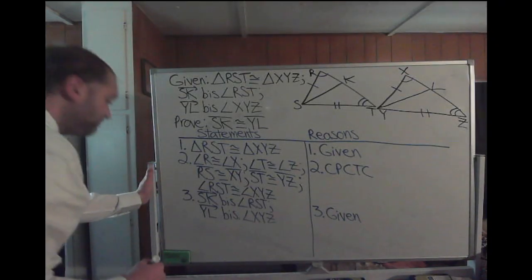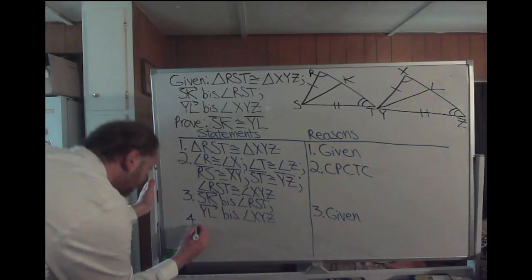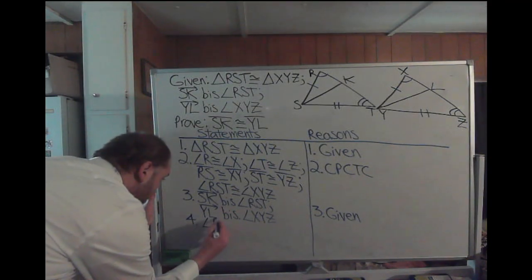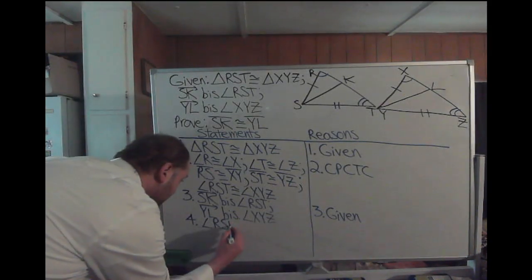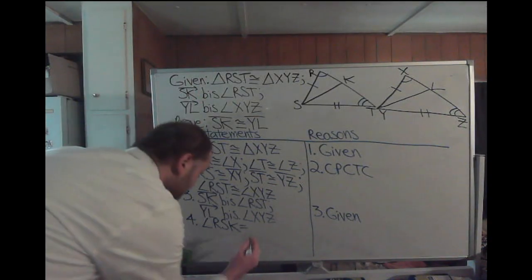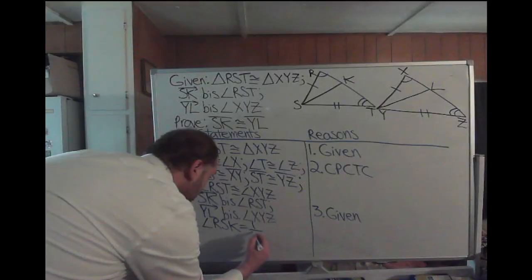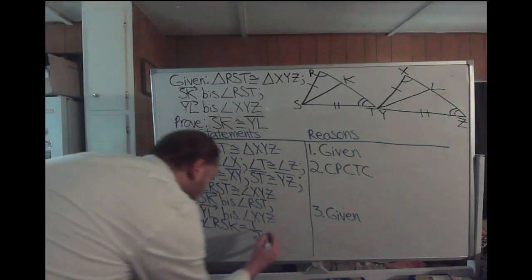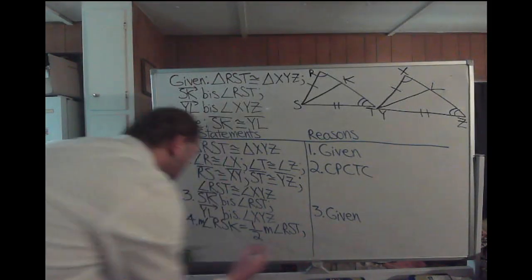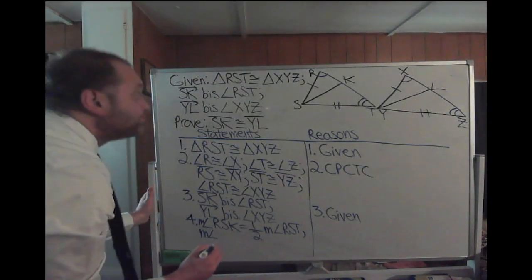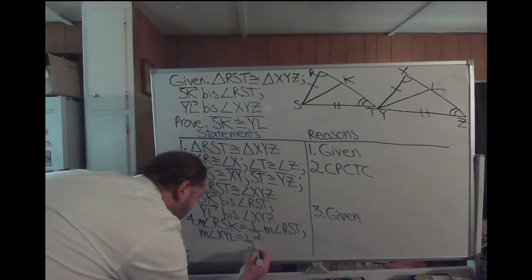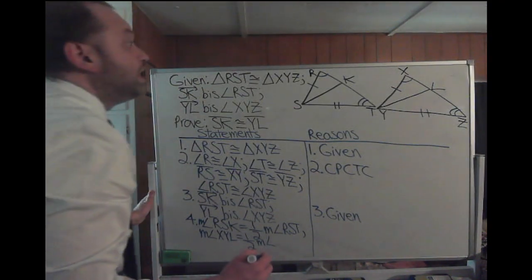So, here's how we're going to do this. I'm going to say the measure of angle RSK is equal to half the measure of angle RST, and then that the measure of angle XYL is equal to half the measure of angle XYZ.